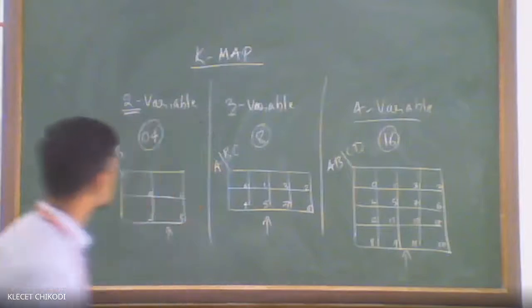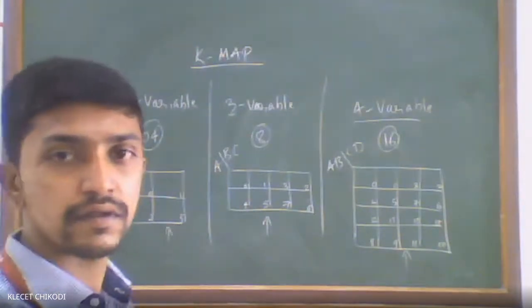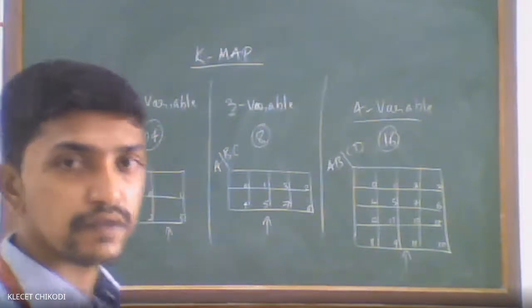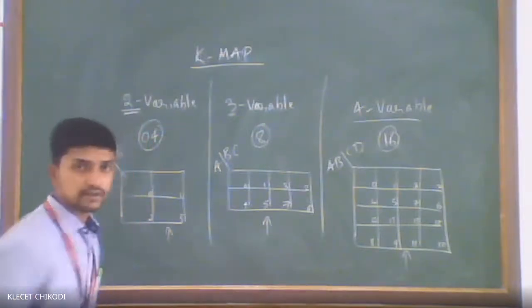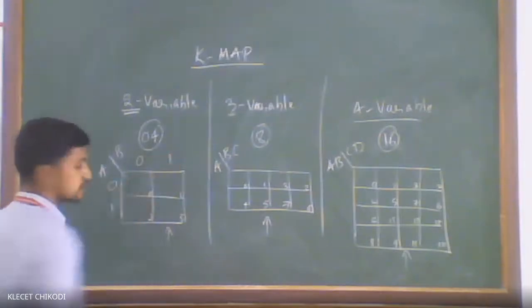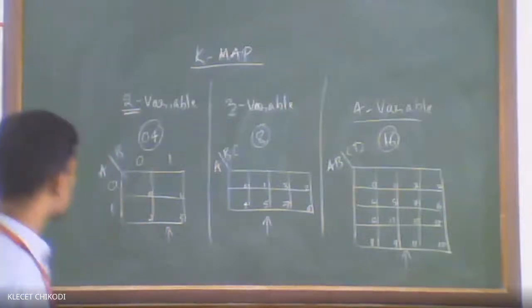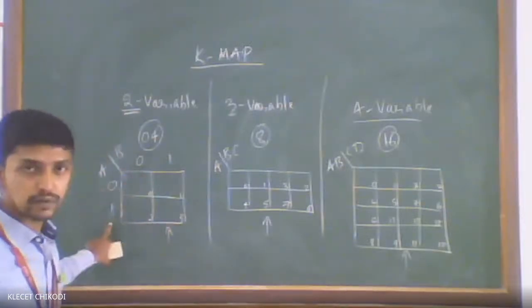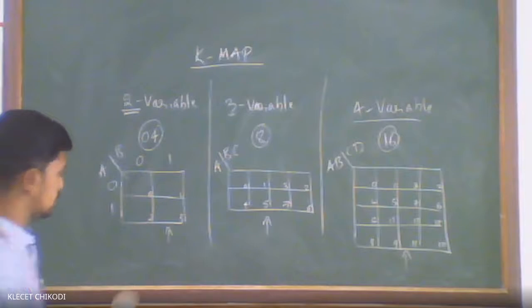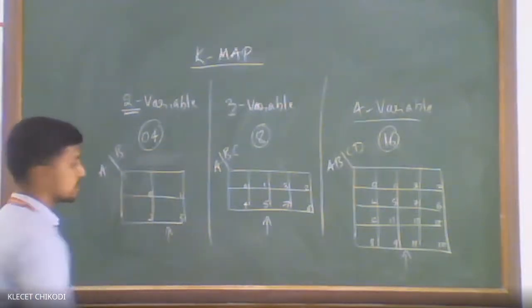Fine. Now see here, for 2 variable either I can write 0, 1, 0, 1, or the respective variable.